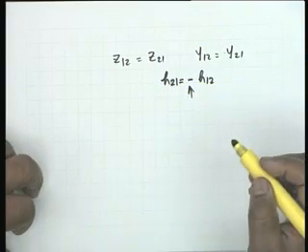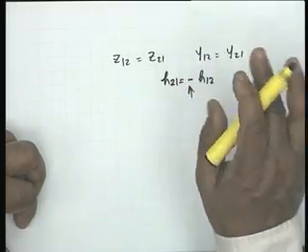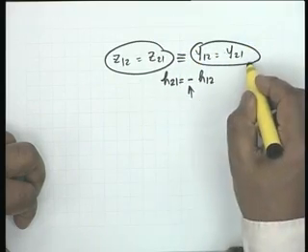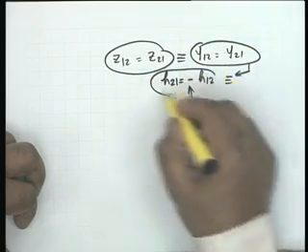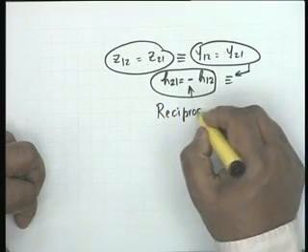This negative sign should be noticed. These three are identical conditions, that is, this condition is equivalent to this condition and the whole thing is equivalent to the third condition. These are all conditions for reciprocity.